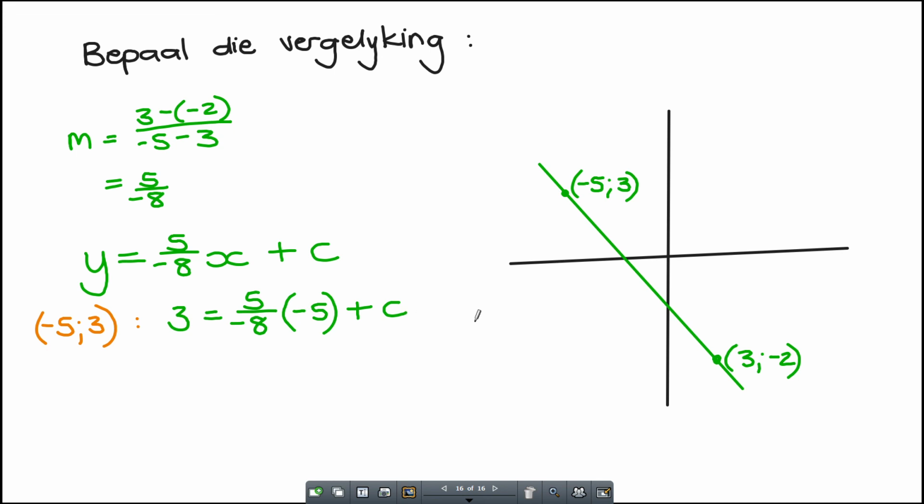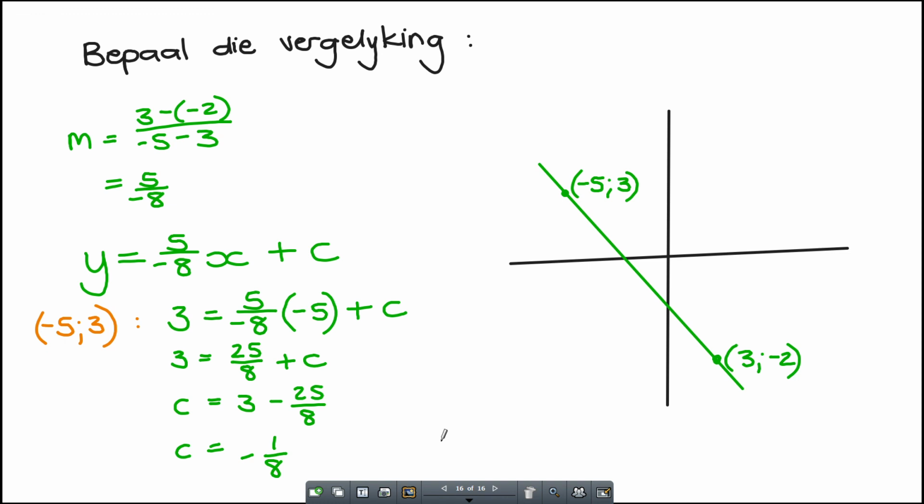You guys good? Okay, so then, if I multiply that out, 5 op minus 8, maal die minus 5, you're going to get 25 over 8. En dan vat ek dit nou kant toe. So, minus 1 over 8. Okay, so daar het ek nou vir c uitgewerk.